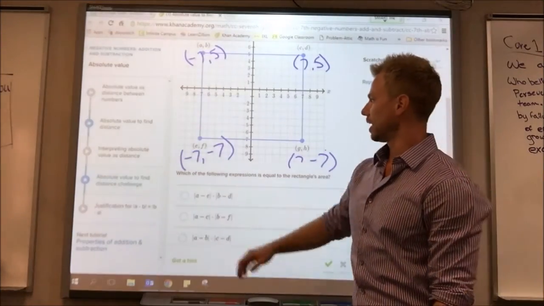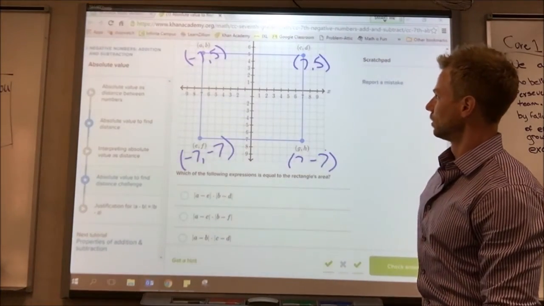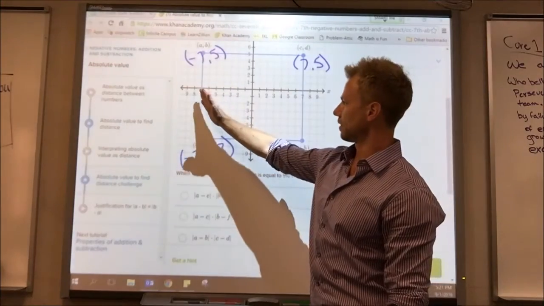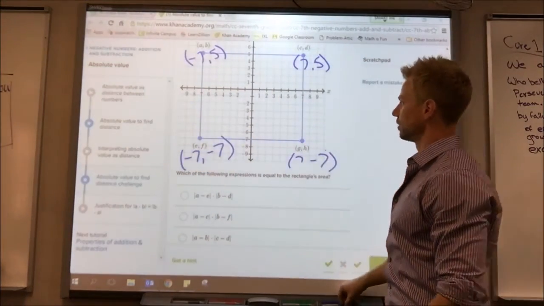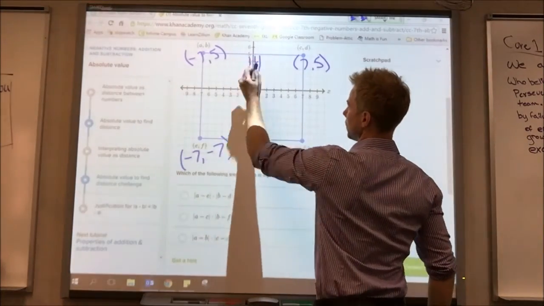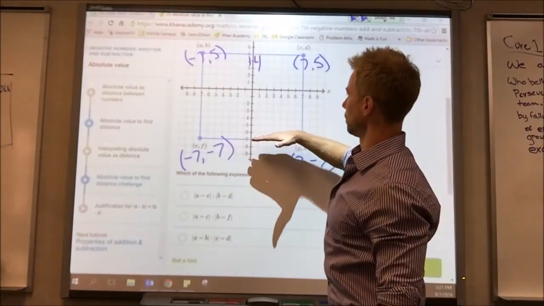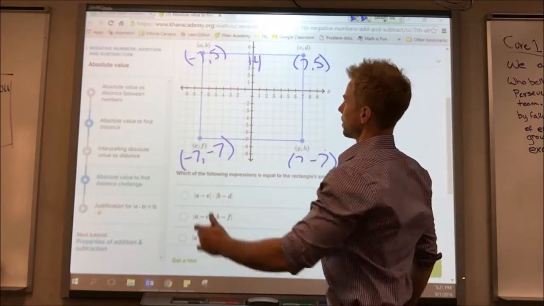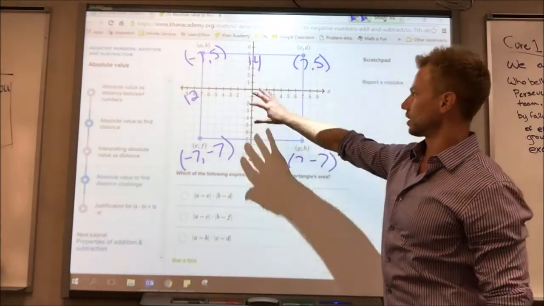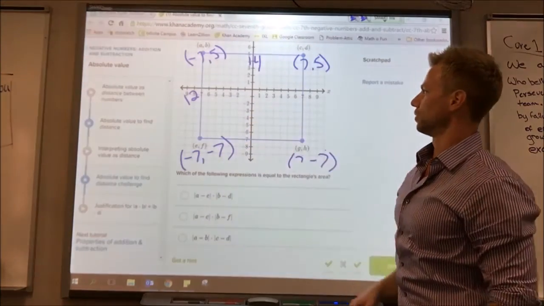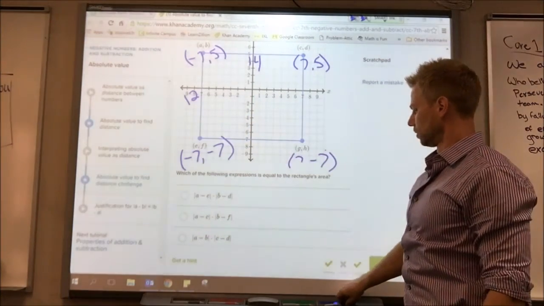Let's try the next one, A minus C. Now we can see from the graph that the length of the rectangle goes from negative 7 to positive 7. So that would be a length of 14. The height goes from negative 7 to positive 5. So that would be a length of 12. The actual area, we'd multiply those two together to get the area of the rectangle.